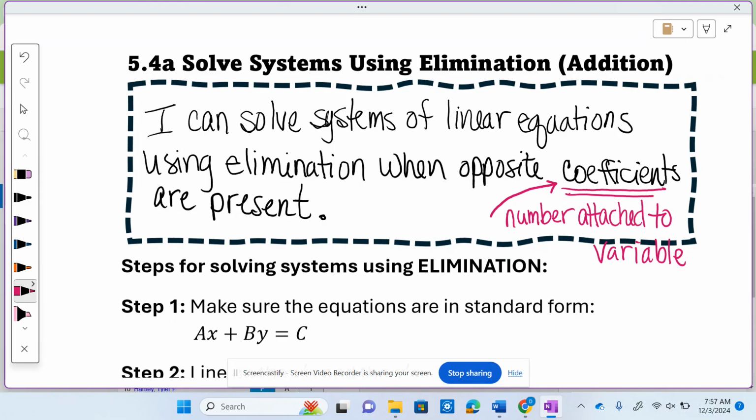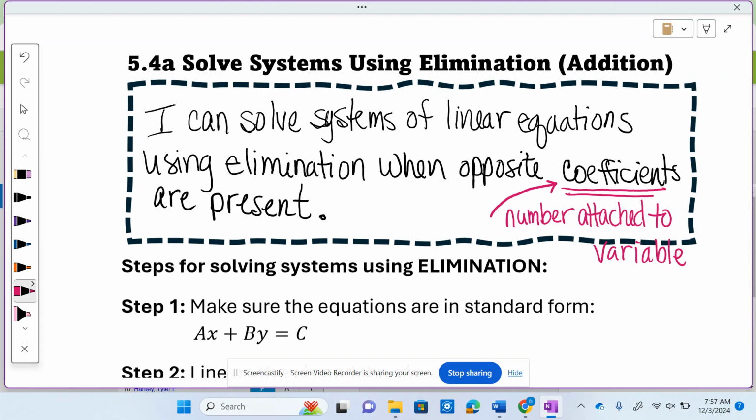Okay. So I can solve systems of linear equations using elimination when opposite coefficients are present. And coefficient is the number that's attached to the variable. You got something? Okay. So the steps for solving using elimination. So it says when opposite coefficients are present.